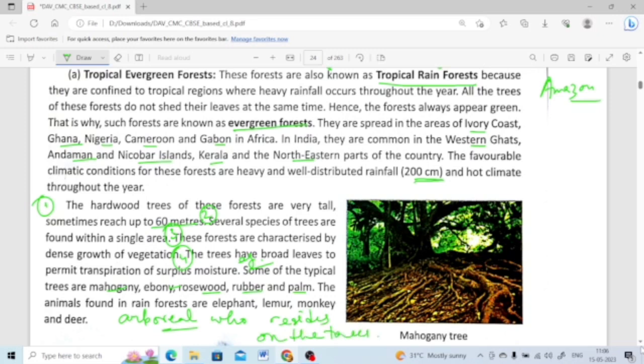So these are arboreal animals: lemur, monkey, chimpanzee. Other than these, elephant and deer are also found.